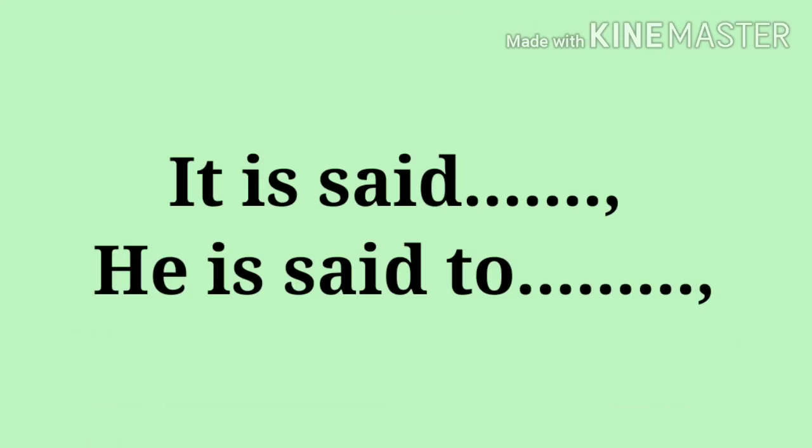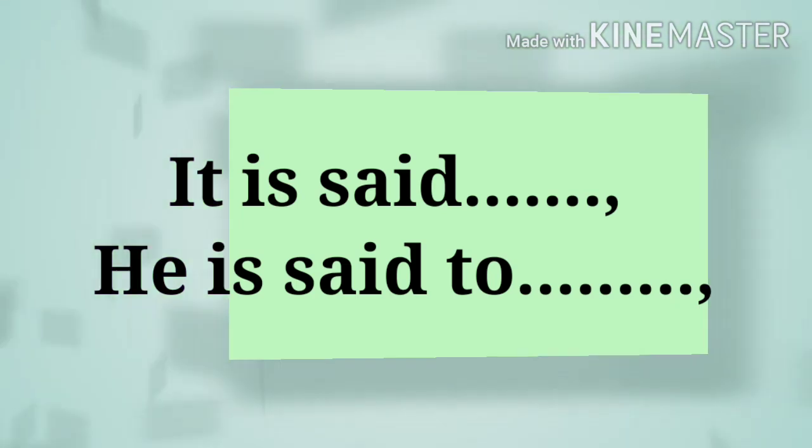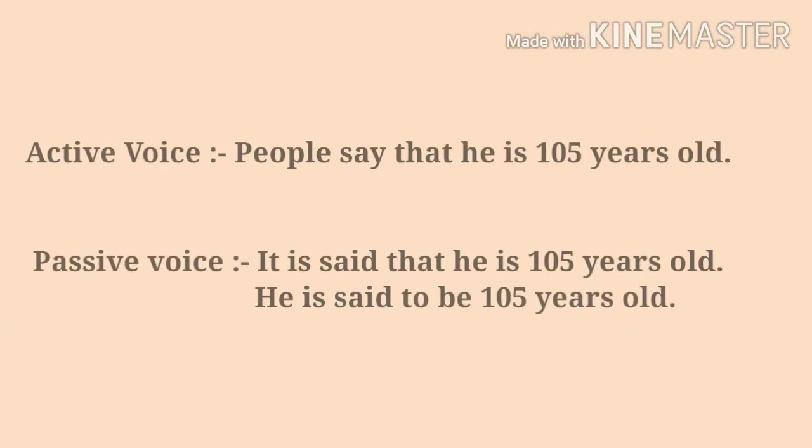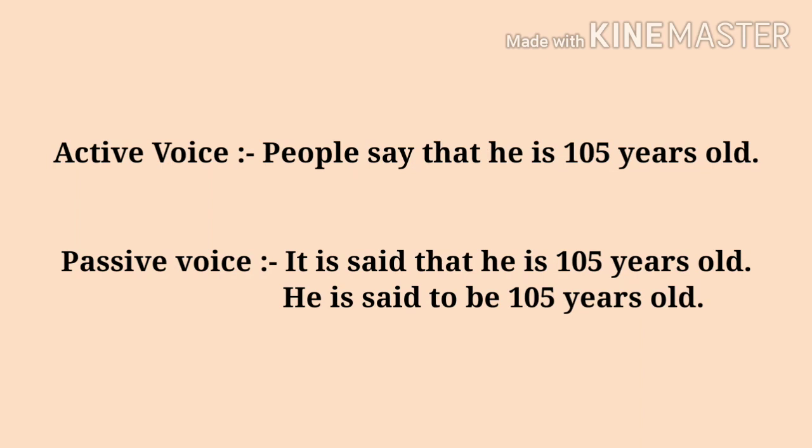Now let's see another type of sentence when we convert from active to passive voice. It is said and He is said to form in the passive voice. And when do we use it? For example, if the sentence in active voice is, People say that he is 105 years old, in passive voice it can be used in two different forms.